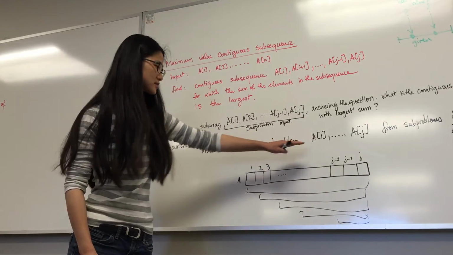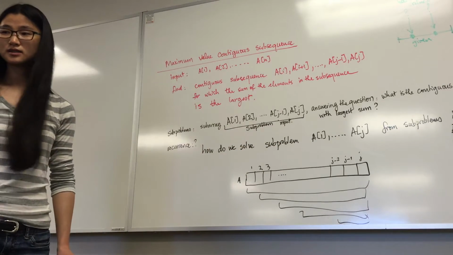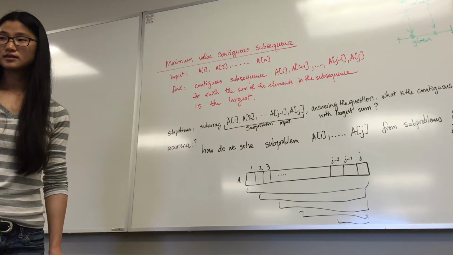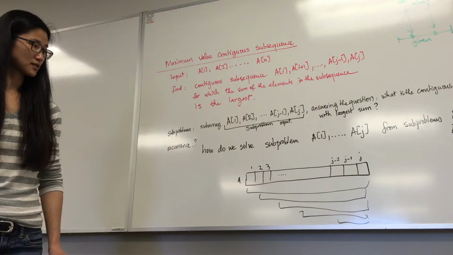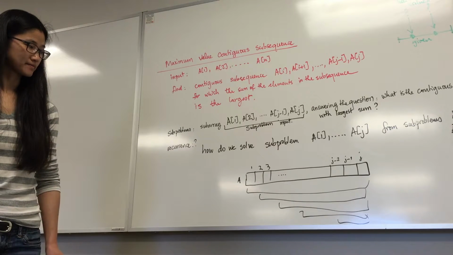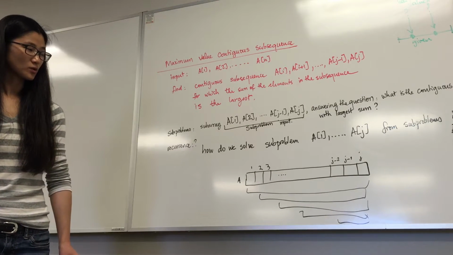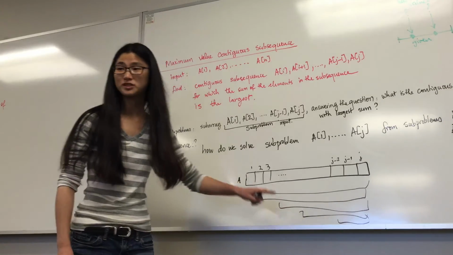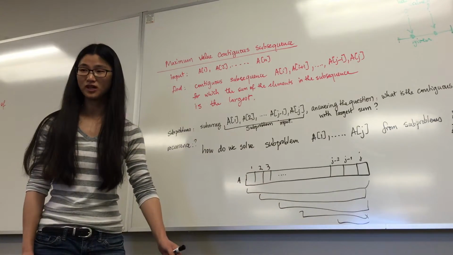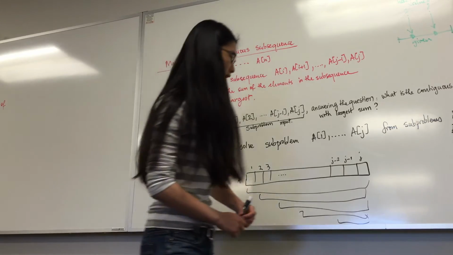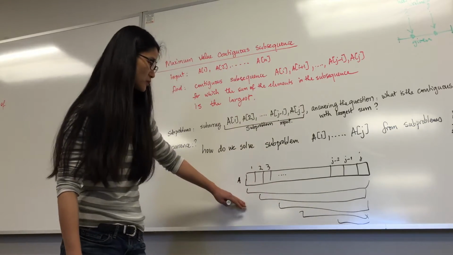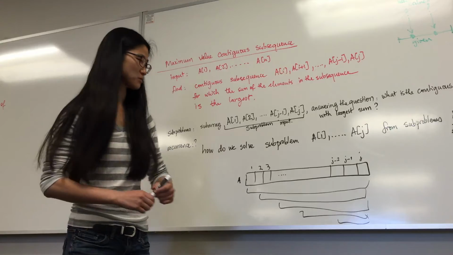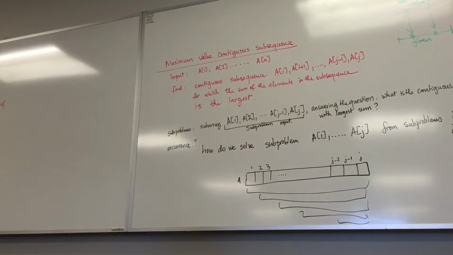So we don't know that one, and we're going to use everything except for the one from 1 to AJ. So we basically want to know amongst all these different subarrays which is the one that gives you the maximum value, right? And what we have at our disposal is different subarrays.